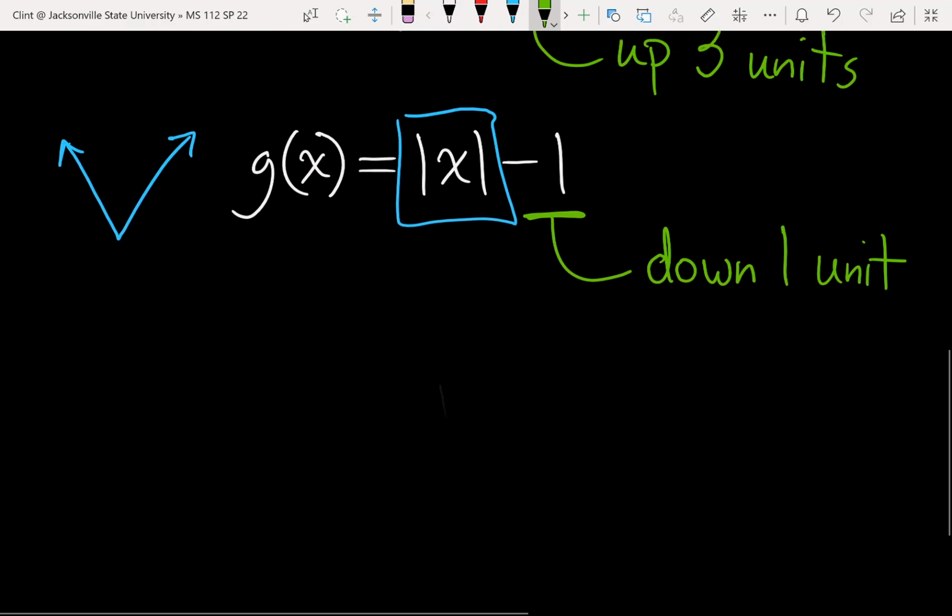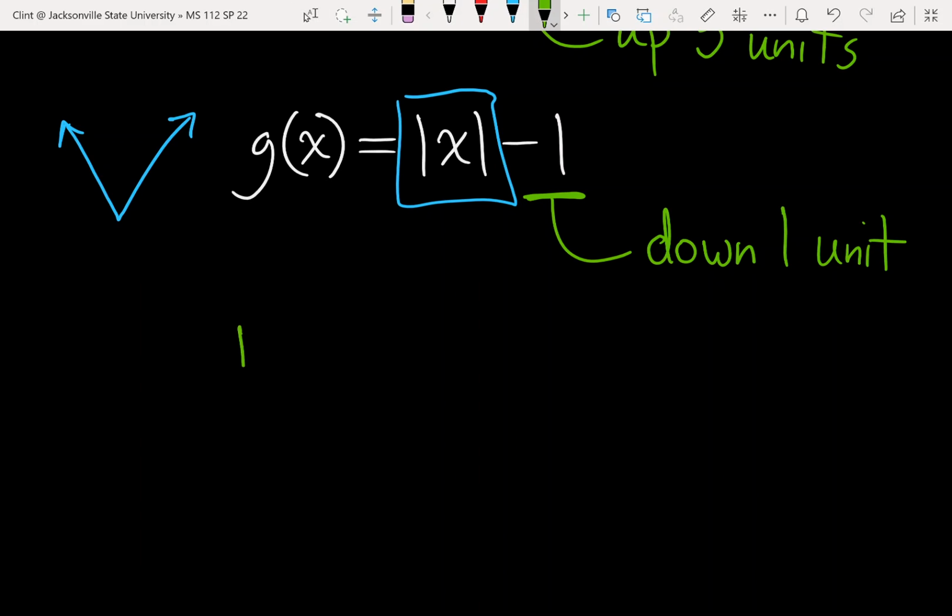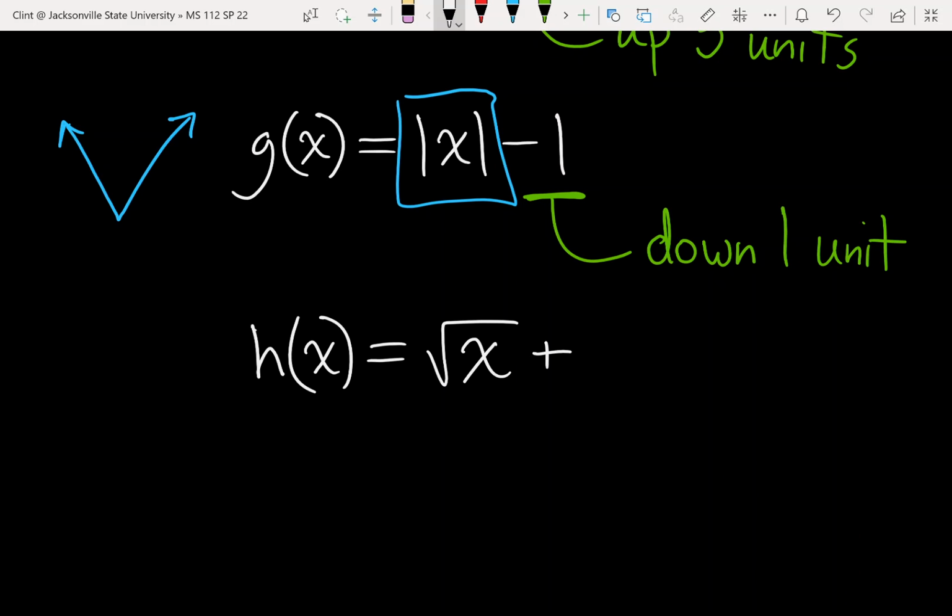And then one more way that could look, if we're dealing with a radical. Maybe we've got the square root of x plus 2. The plus 2 is outside of the radical. The square root of x is the one that starts at 0 and then goes off to the right.